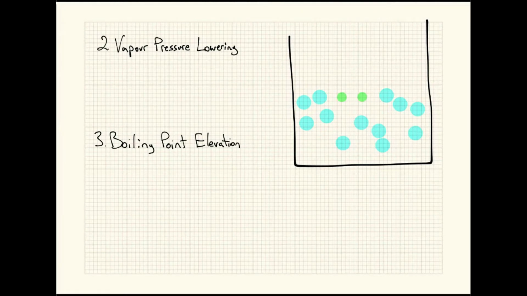So, if some percentage of my total system is actually the contaminant, what that means is that some fraction of the molecules at the surface are now the other substance, not water. And the vapor pressure here will be affected because not all of the surface is actually my pure substance. So the vapor pressure will be affected purely statistically by how much of this surface is not that pure substance.